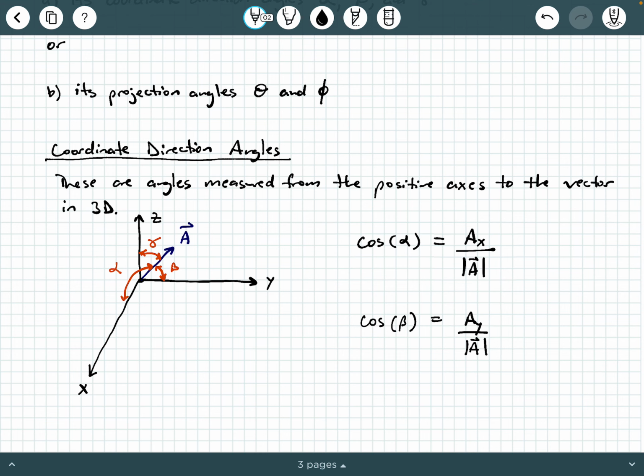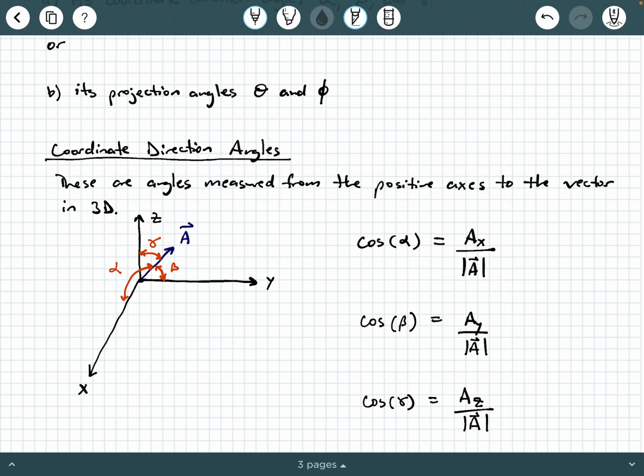And then, as you're probably guessing, we have cosine of gamma equaling A z divided by the magnitude of A. All right. And again, if you have a statics textbook handy, or maybe even a physics textbook handy, there might be some additional figures that show a graphical little proof of this. But this is how it's summarized.